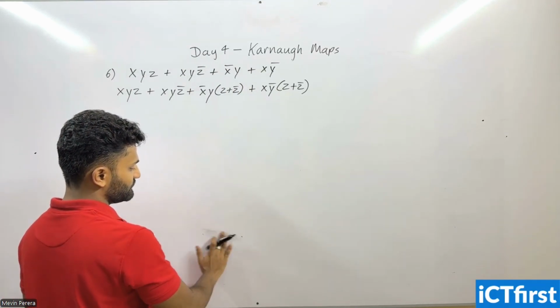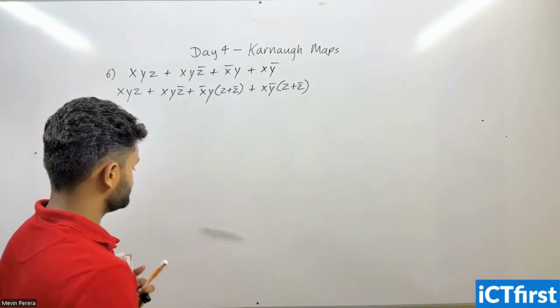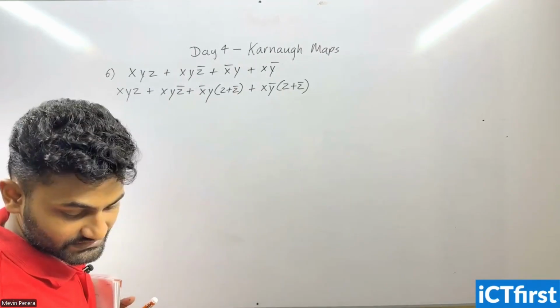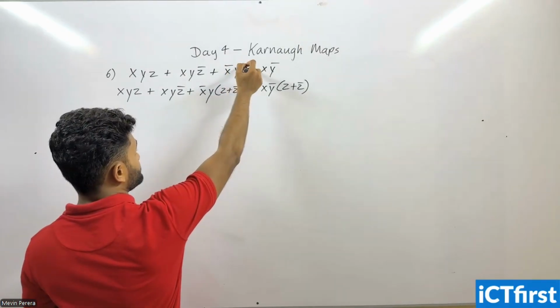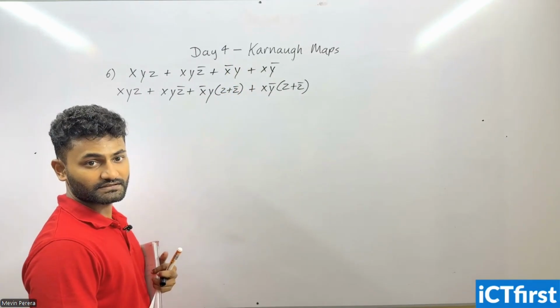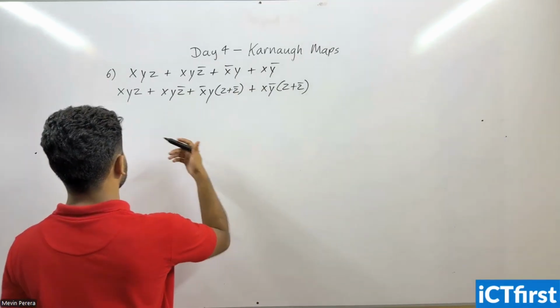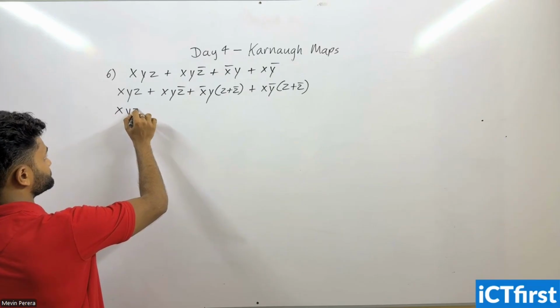So now just imagine that there's a 1 here. Instead of 1, we have put Z plus Z bar. There's nothing wrong here, right? We haven't added anything new. It's just the same thing.